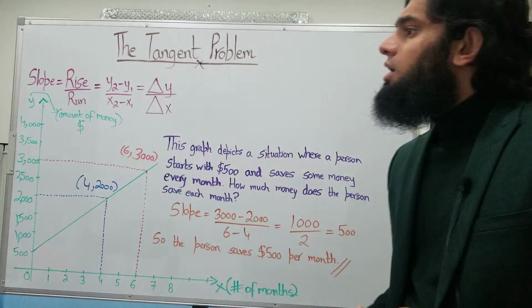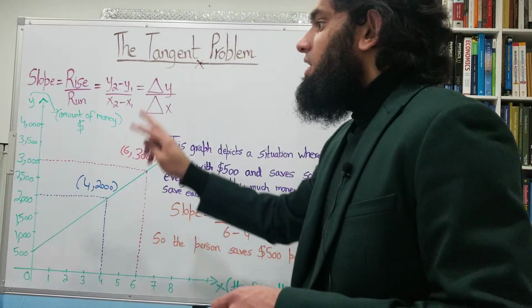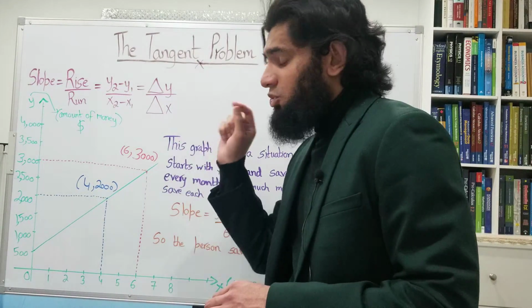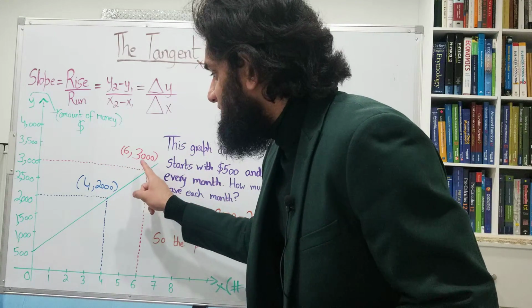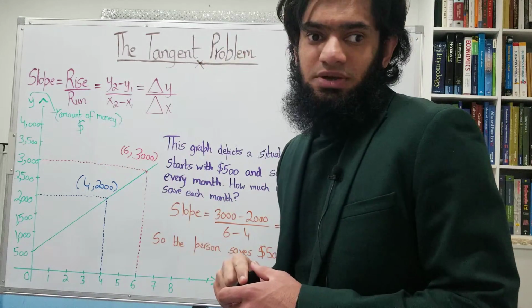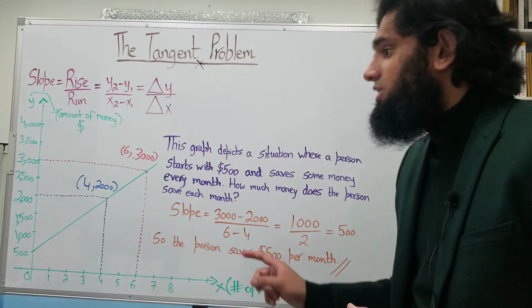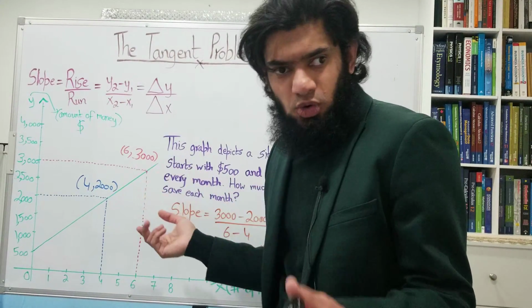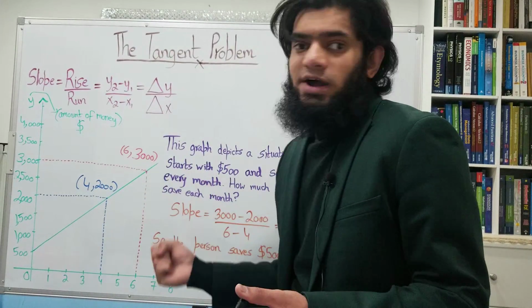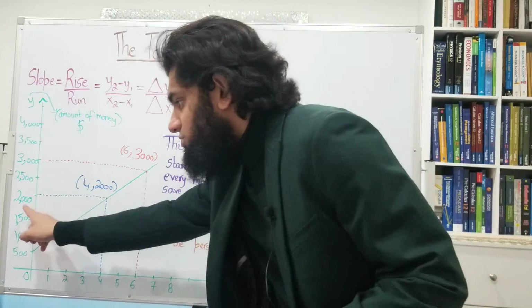So it says y2 minus y1. y2 is just the y coordinate of my second point, and in this case, that is 3,000. So I write that down here, 3,000, and then I subtract y1. Y1 is just the y coordinate of my first point, and that is $2,000 in this case.